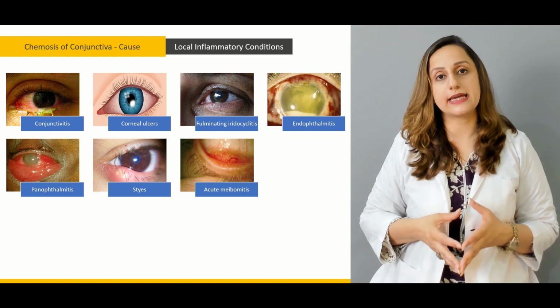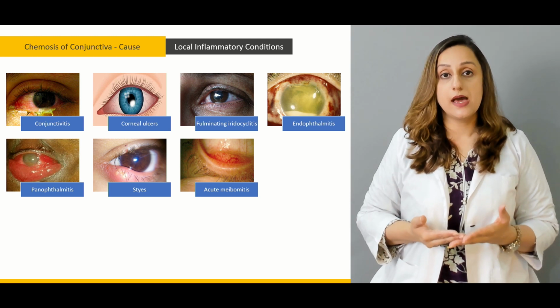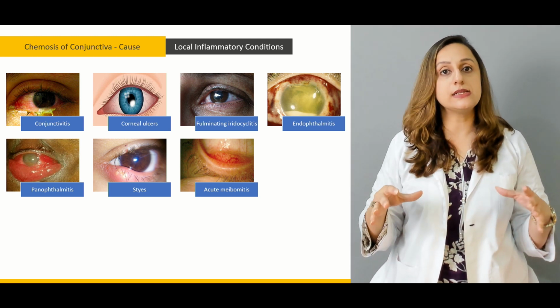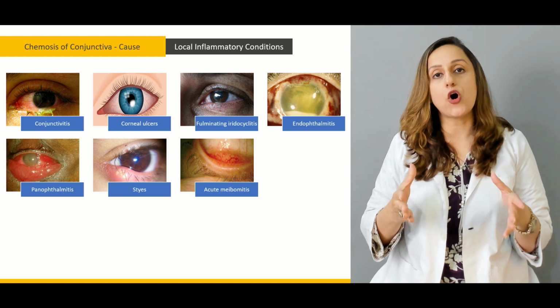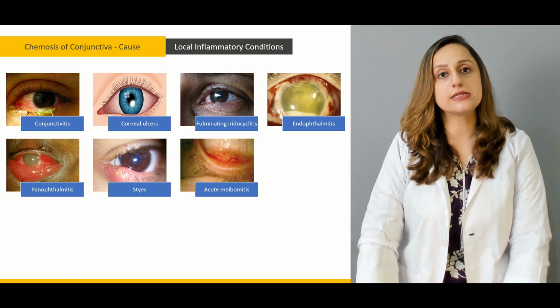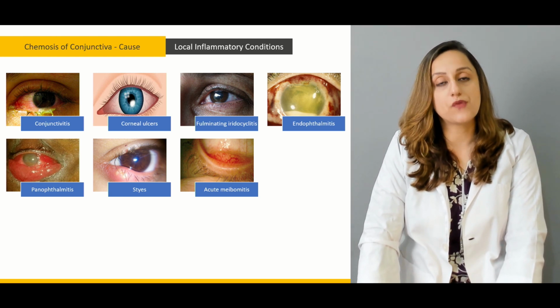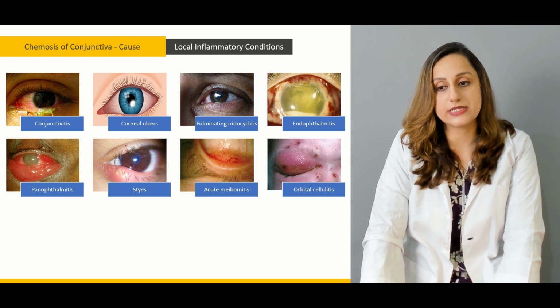All of these glands can be involved in the infectious states, as I've already mentioned. It can be the lid infections, it can be the infections related to these glands, which can move on and present as inflammatory conditions of the conjunctiva, and obviously swelling and chemosis of the conjunctiva can result.